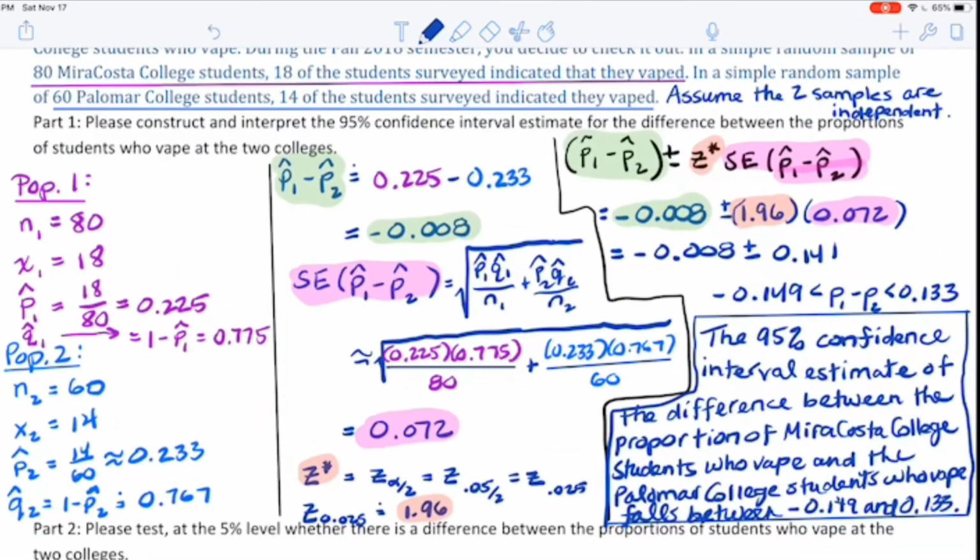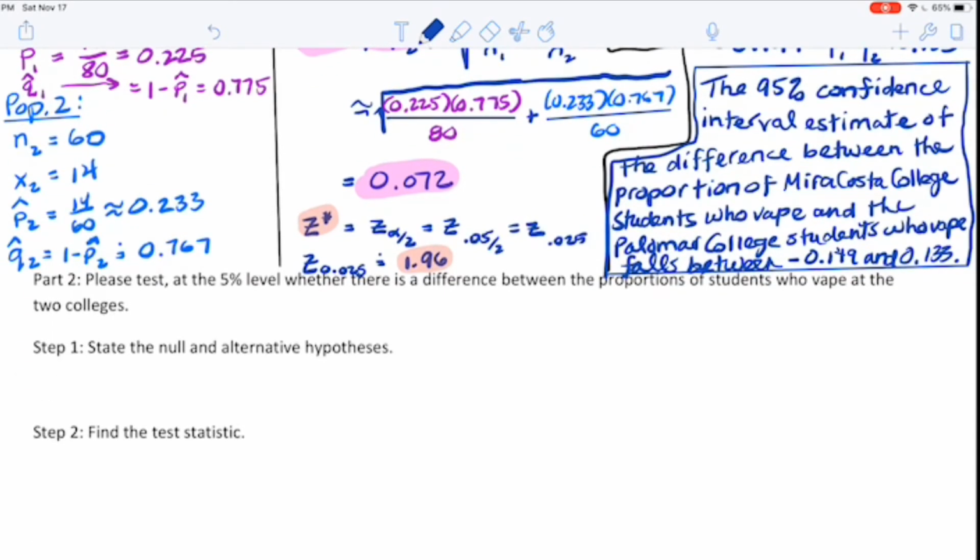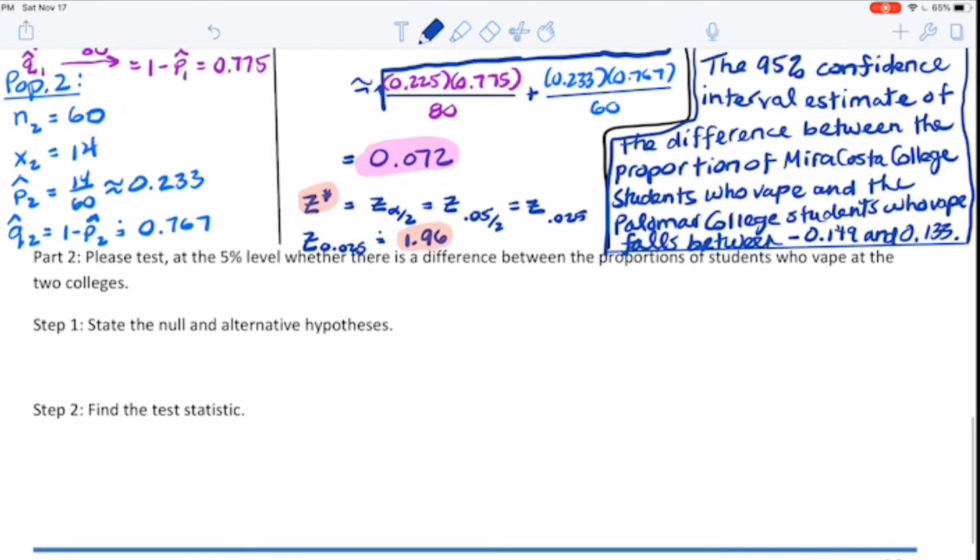There we go. All right, so now let's take a look at doing the 5% level hypothesis test. Now remember, this is a two-tailed test. So at the 5% level of testing, that's going to correspond to the 95% confidence interval estimate. So we'll be able to come back and use this confidence interval in a conclusion for the hypothesis test at the end, all right? So let's state the null and alternative hypotheses.